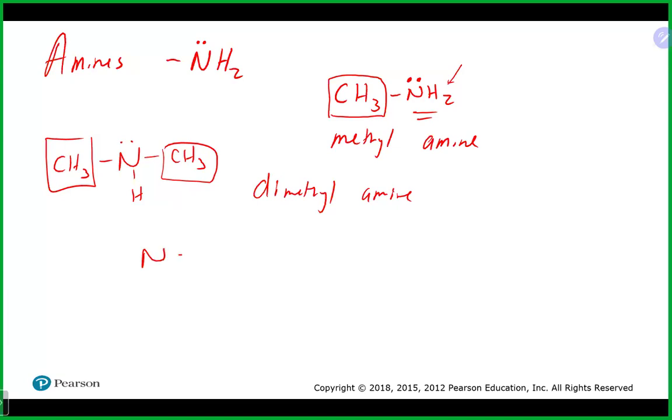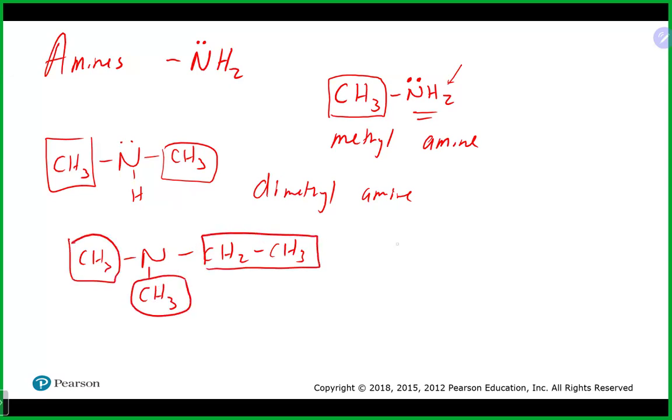And here we would have an ethyl group and two methyl groups. And this would again be alphabetical order. So ethyl, dimethyl, and once again, just put in the amine at the end.